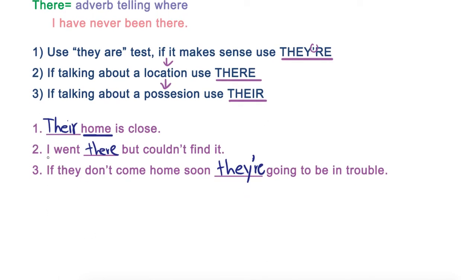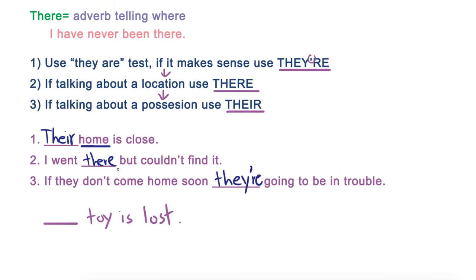All right, so I'm going to think of another example for their. Let's see. Blank toy is lost. You wouldn't use they're, since they are toy is lost doesn't make sense. Is it talking about location?